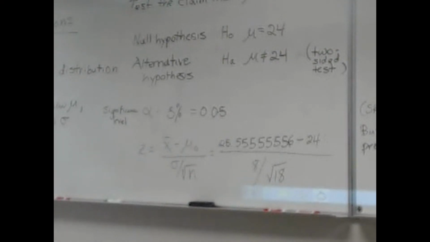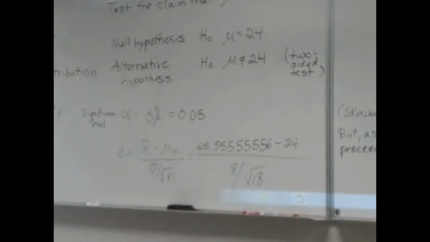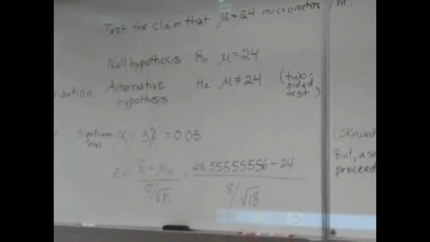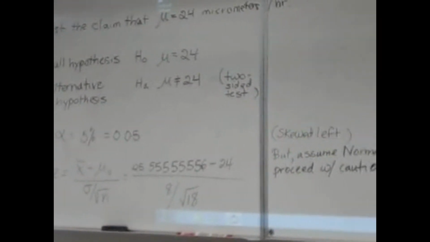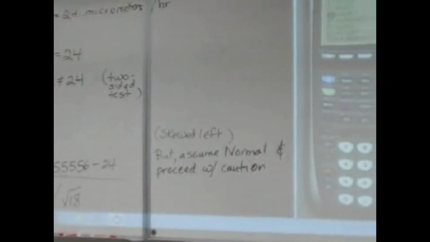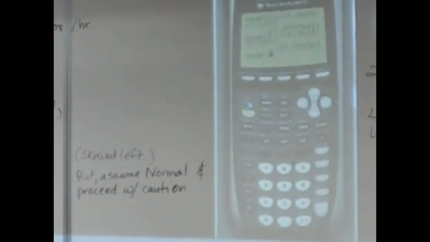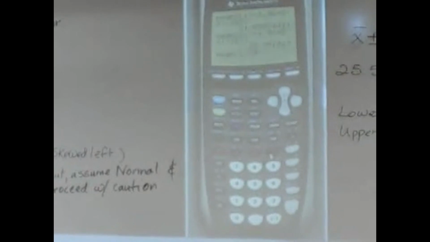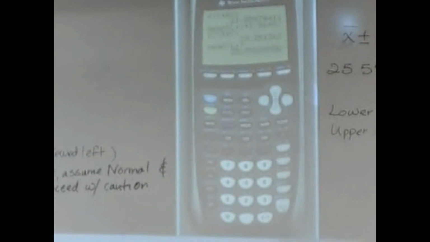Just to confirm that bit about going to the list above stats, and then the math submenu, if I tell it to take the mean of list 1, there's that same number that we found from the one variable statistics. Take away the 24. So your numerator is going to have 1.5555556.